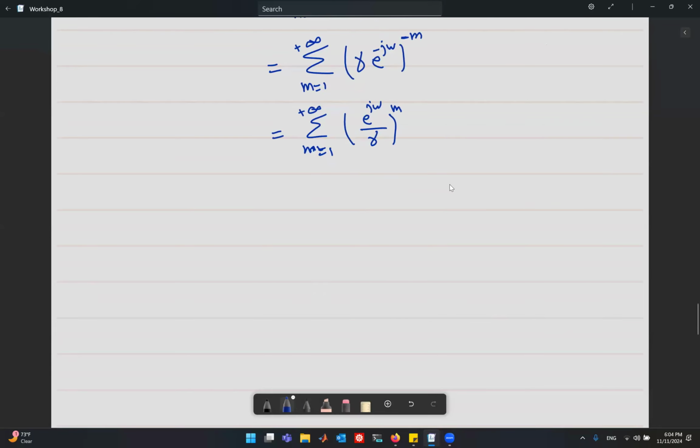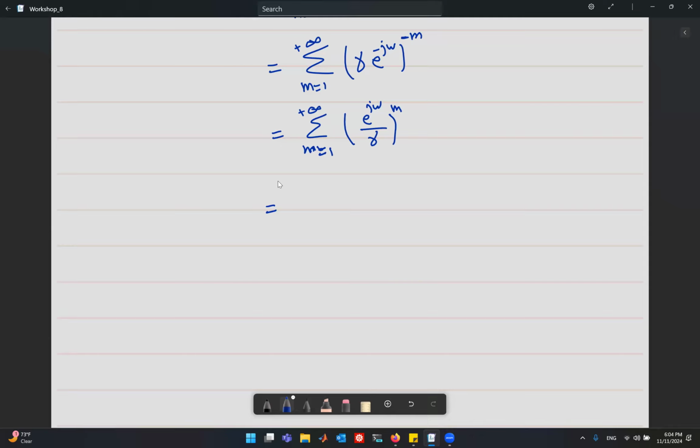Now, for this one to converge, by the way, we can also make it from m equals 0 to infinity if we want. So we're starting from 0, and we subtract the term when m equals 0.